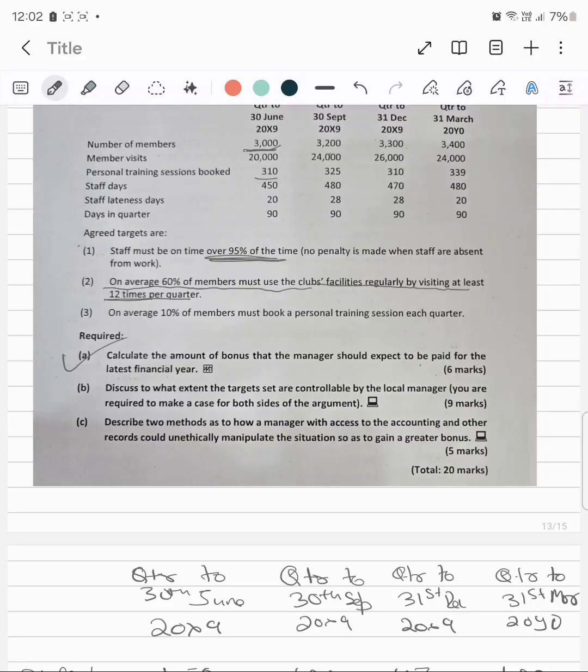Personal training sessions are often available from other sources, and competition can force down the sales of the club, and the manager can respond by improving the services. They cannot, however, make significant investment in improving the facilities without board approval. Yes, so overall the local managers can partly control.